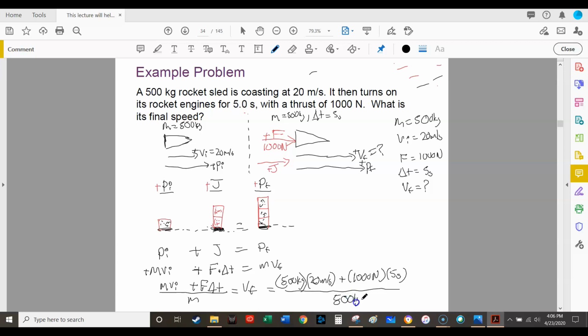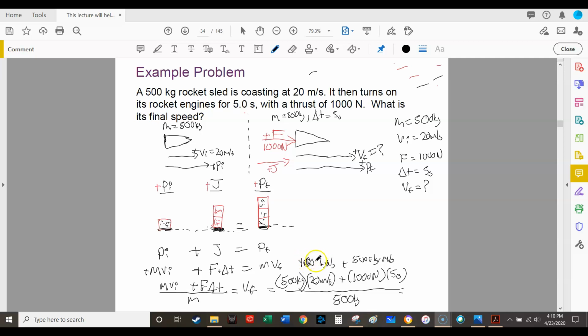And again, divided by the mass. Okay? So this is 100. And this is going to be 5,000 kilogram meter per second. So that'll be 5,100 kilogram meters per second divided by a kilogram.